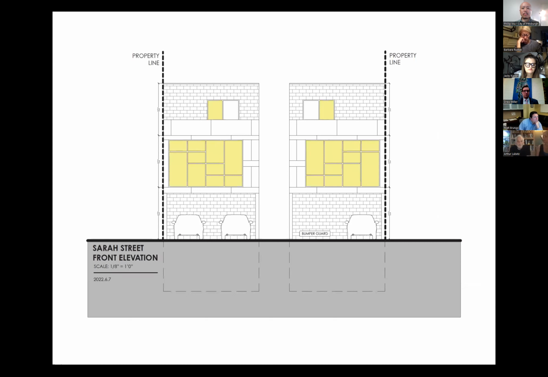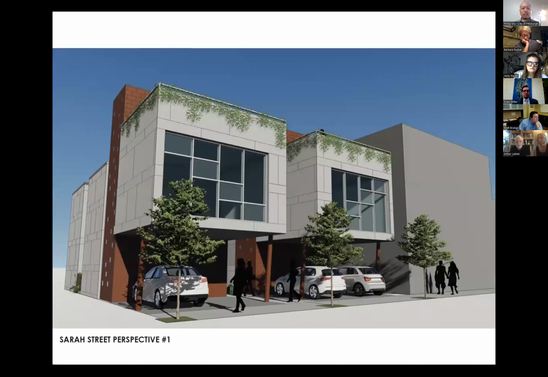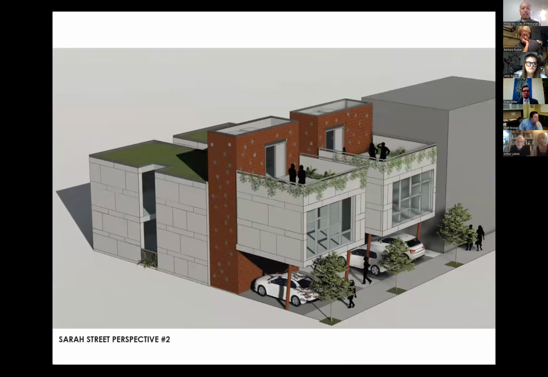This is a view of the front with the large glass living room window, the 2 cars under each, and the door and window from the stair tower. And they liked this view so much they showed it again. And this is a perspective view of what it will all look like.